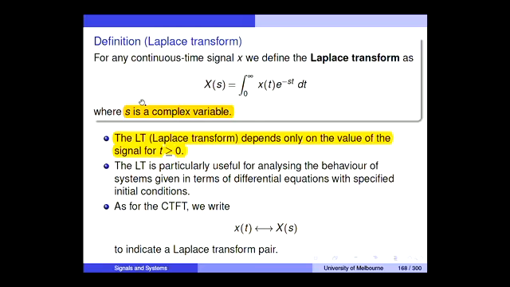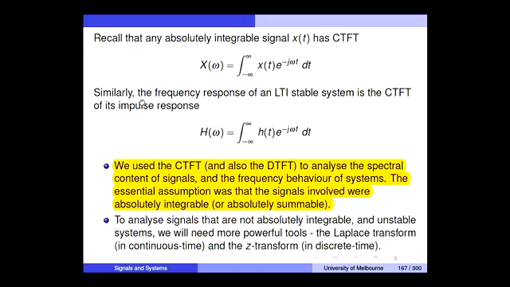My Fourier transform is a complex number: you have a real part, an imaginary part, an amplitude, and a phase. And the same here. x(t) is a time signal, a real signal.